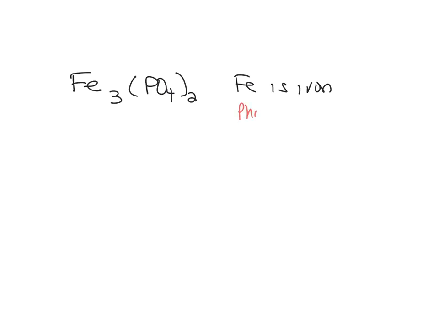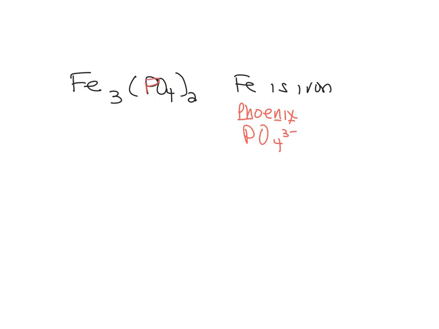Okay, what is the correct name of Fe3(PO4)2? And Fe is iron. Okay, so here we got to remember these are polyatomics, PO4 3 minus.